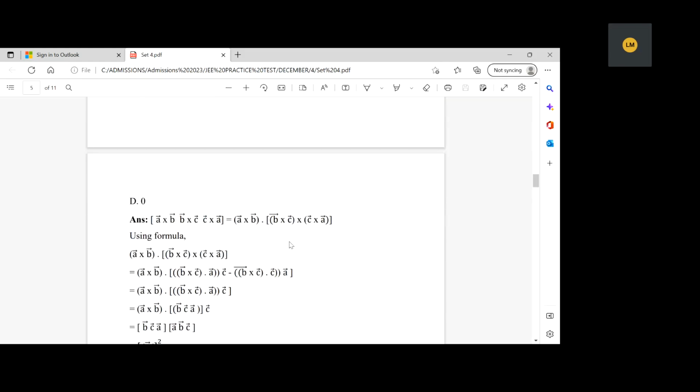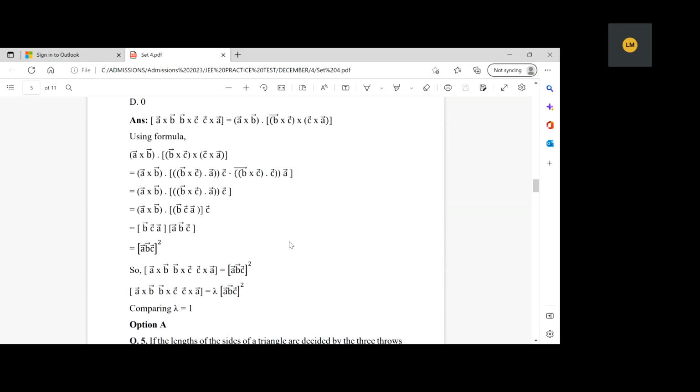So yes, we can start solving this question. I hope everybody remembers the basic formula that we have studied: (A × B) · (B × C) × (C × A).